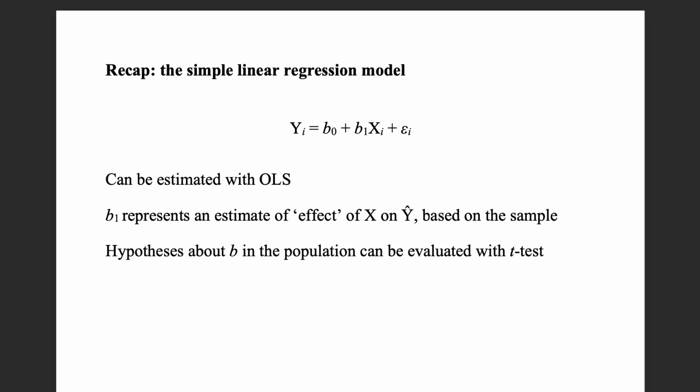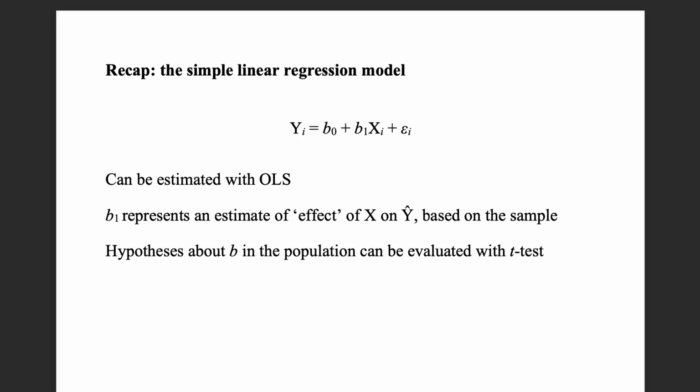So these will be hypotheses where you have a null hypothesis and some alternative hypothesis, and usually the null hypothesis will be that the effect of the independent variable on the dependent variable in the population is in fact zero, so there is no effect at all, which is the same thing as assuming that the coefficient in the population would be exactly zero, and then seeing whether we can reject that null hypothesis in favor of an alternative hypothesis that could be that it is not zero, or that could even be a directed hypothesis that it is larger or smaller than zero, so that's a positive or a negative effect.